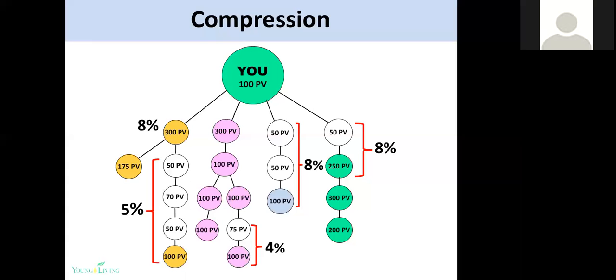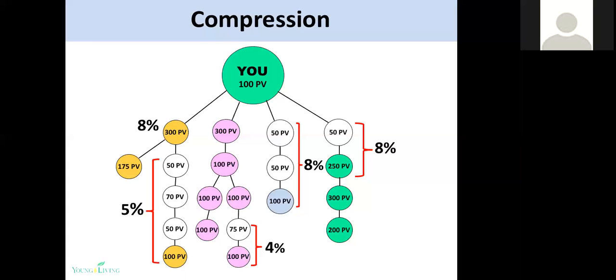The other thing that this hopefully helps everyone to recognize, though, is that even though unilevel is paid on 5 levels, a maximum of 5 levels, it really can pay a lot deeper than that, depending on whether or not members have 100 PV.